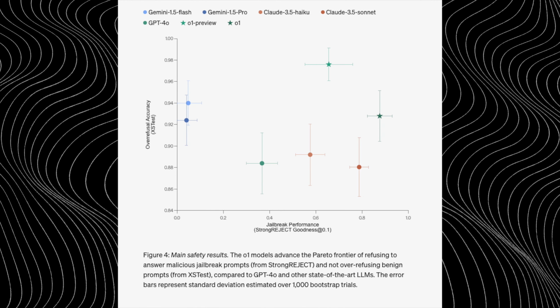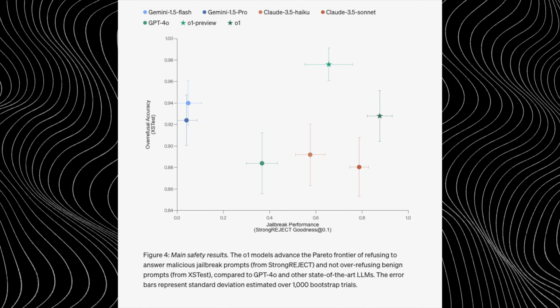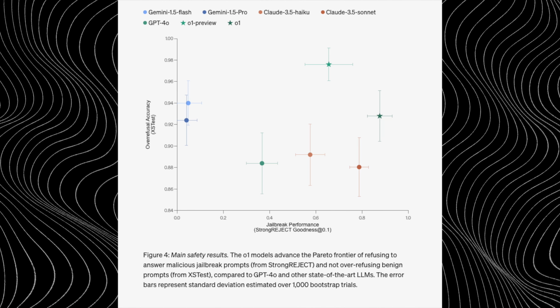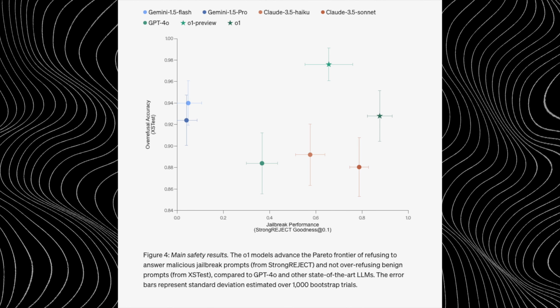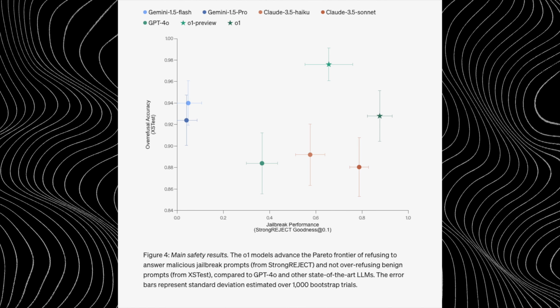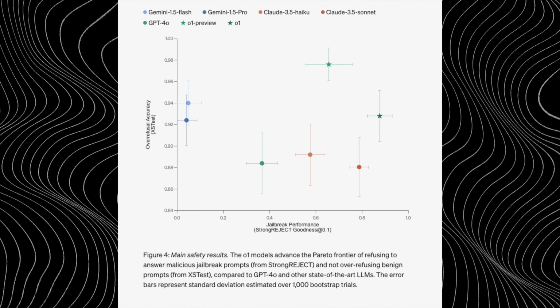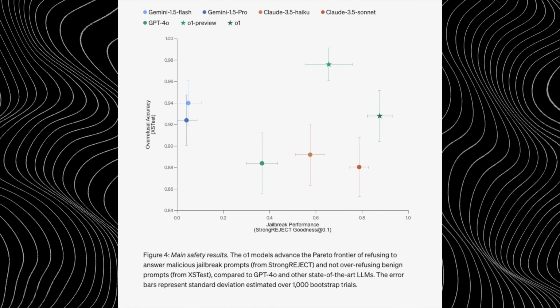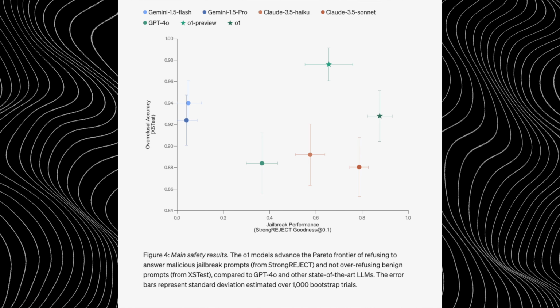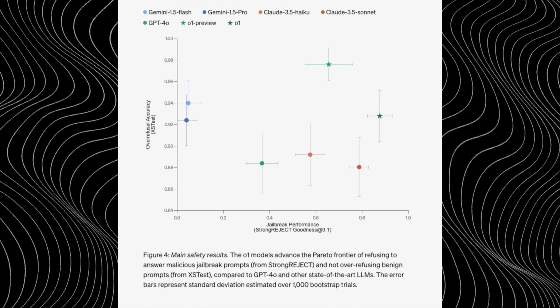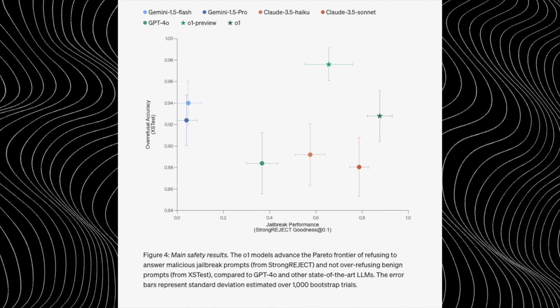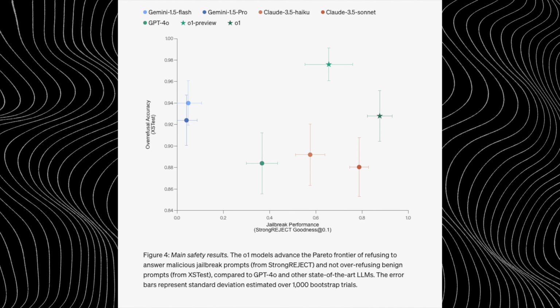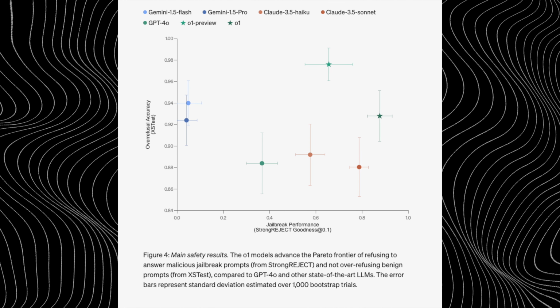Key results. Model O1 and its earlier version, O1 Preview, demonstrate the best results, being at the forefront of the Pareto boundary. It combines a high refusal accuracy for malicious queries with a minimal number of over-refusals for safe queries. Comparison with other models.